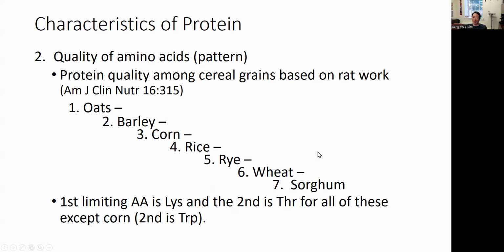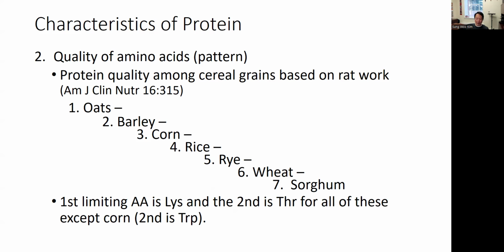Depending on the amino acid pattern, the composition of amino acids, oats will have the highest value, right? Sorghum protein has the lowest value. Corn and rice are in the middle, right?